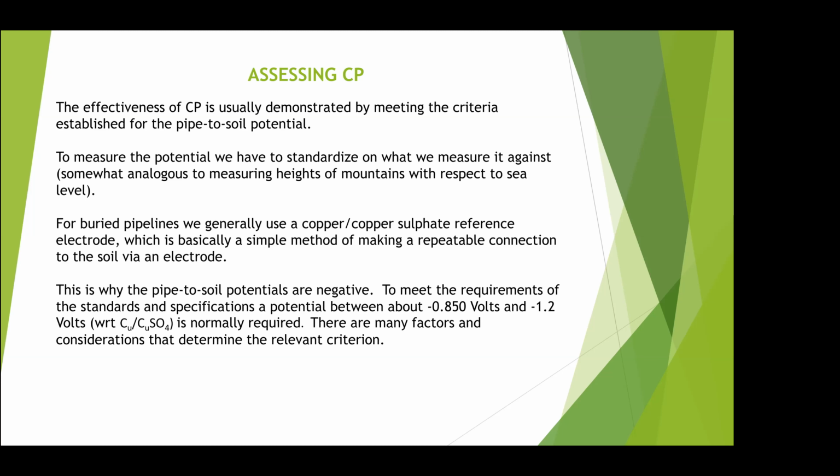But these aren't really criteria in the way that you might want them in other fields of engineering and science, because it varies so much on other considerations: where you actually place the electrode, how you place the electrode, what kind of instruments you use, what the soil resistivity is like, is there any electrical interference? But those are the general voltages that we like to stick around.